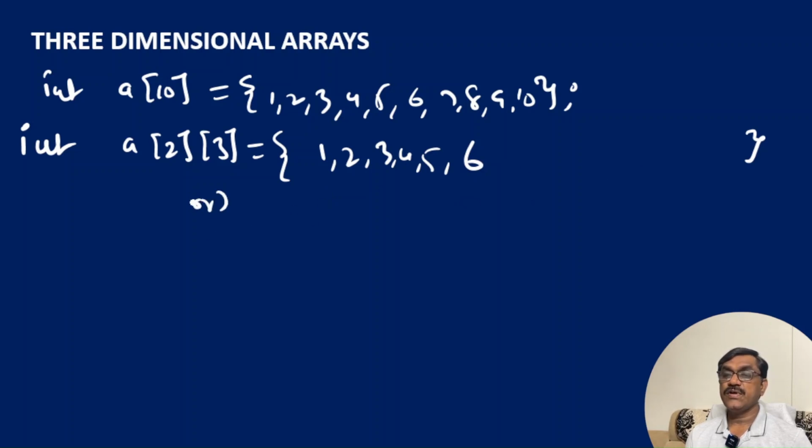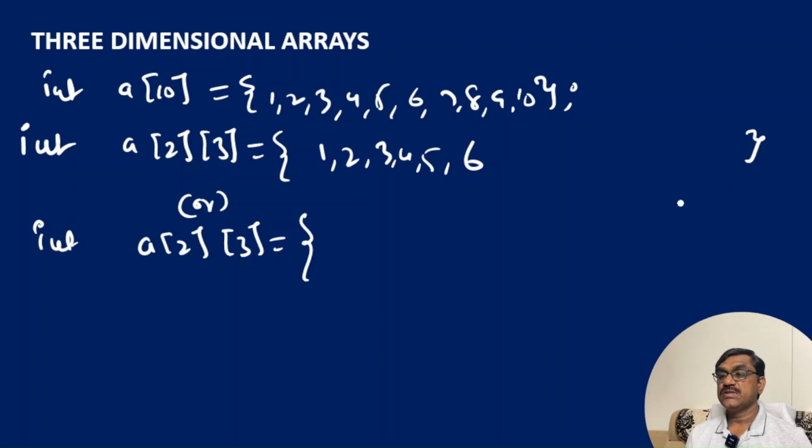Or in another way, we can say integer a of 2, 3 equals, with an opening brace and a closing brace, and finally a semicolon. Within these braces, first take the first dimension, which is 2. So here we write two internal blocks.